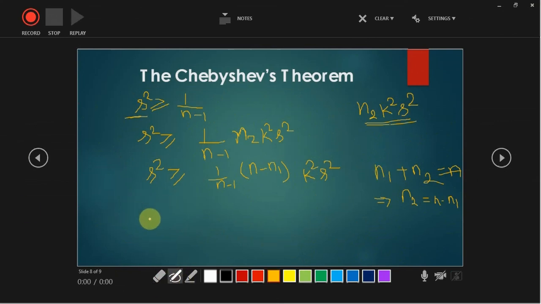Now s square is greater than or equal to n over n minus 1 minus n1 over n minus 1 times k square s square.